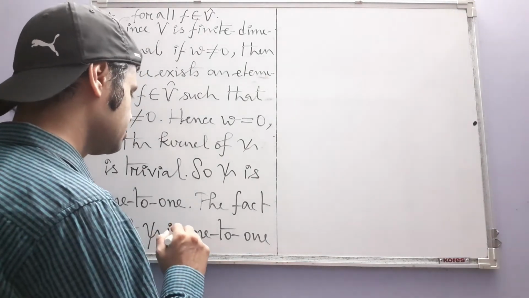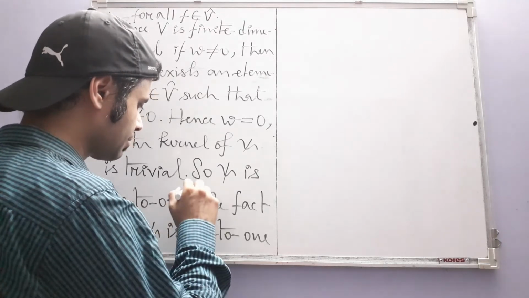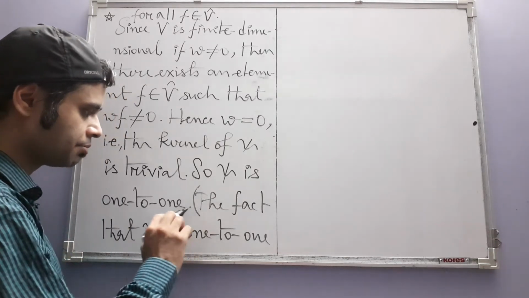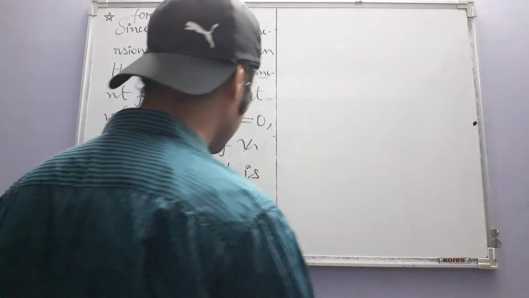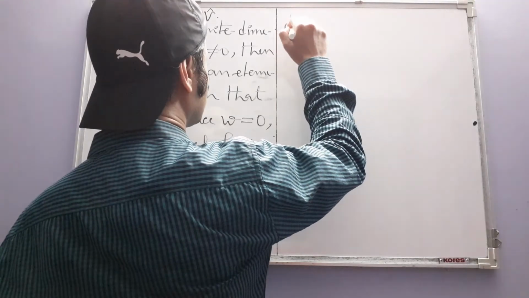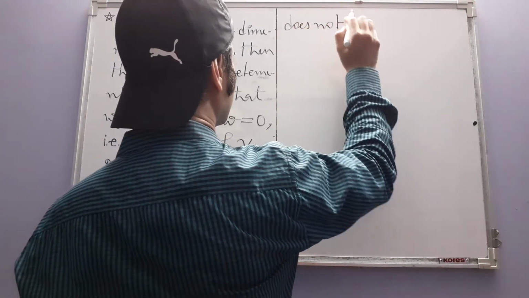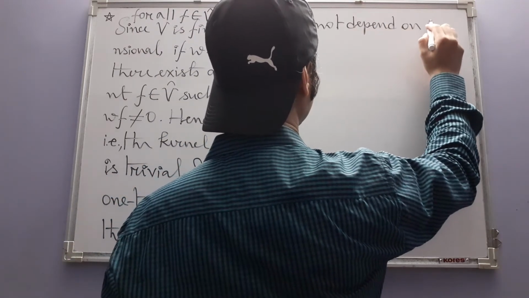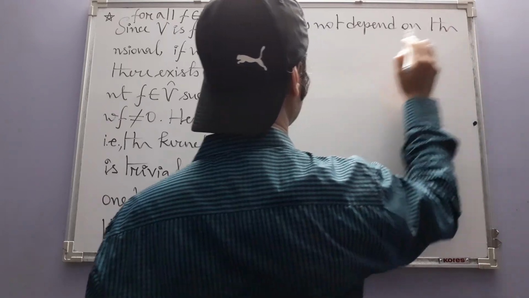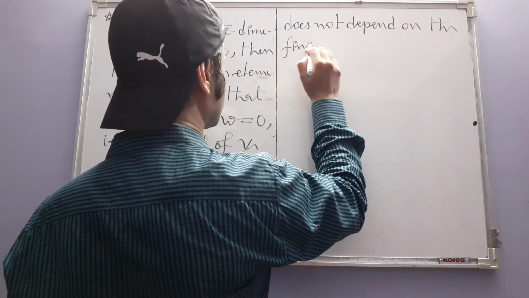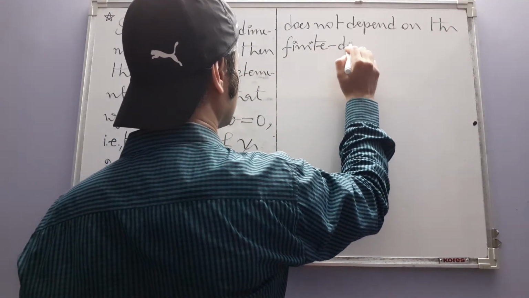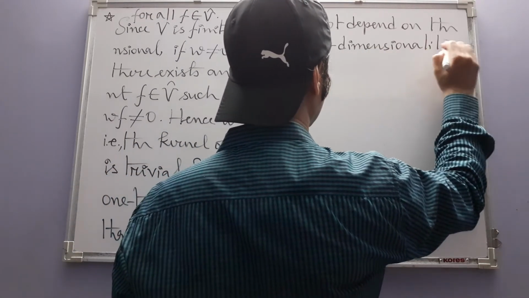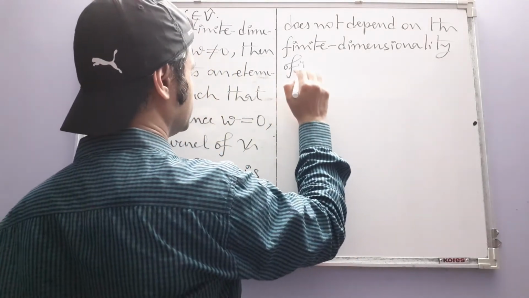Because this is just simply a mention of something that we have no logical justification for, let me put it within brackets. The fact that this is one-to-one does not depend on the finite dimensionality of V.